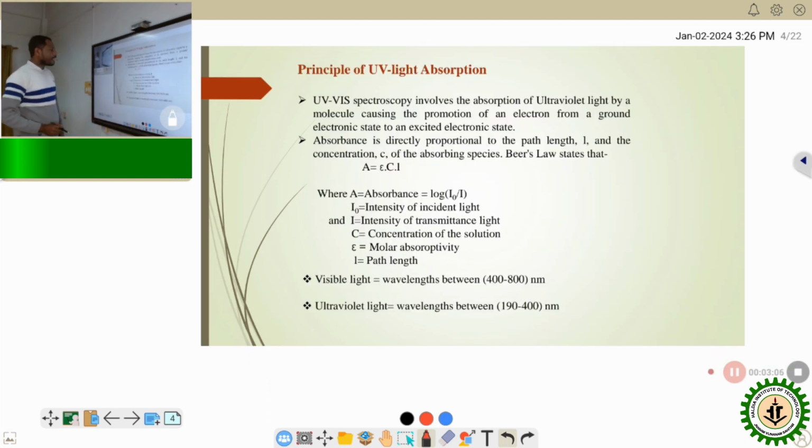Now, what is the principle of UV visible spectroscopy? UV visible spectroscopy is based on Lambert-Beer's law.